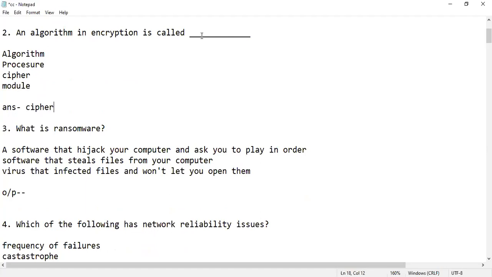The next question is, what is ransomware? It is a software that hijacks your computer and asks you to pay, or software that steals files from your computer, or a virus that infects files and won't let you open them.